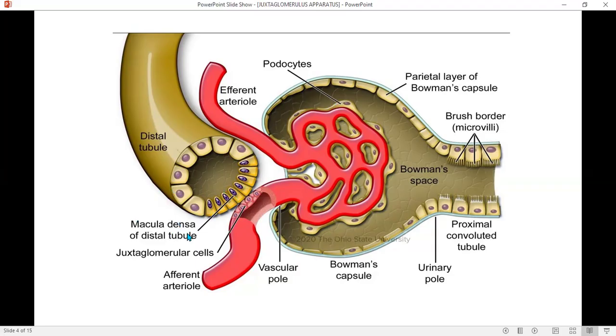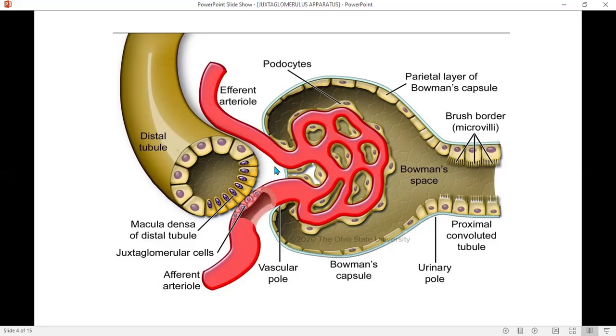Then the juxtaglomerular cells are near the afferent arterioles. Then we have cells at this triangle here, called extraglomerular mesangial cells. They are located just down here, going toward the glomerulus.